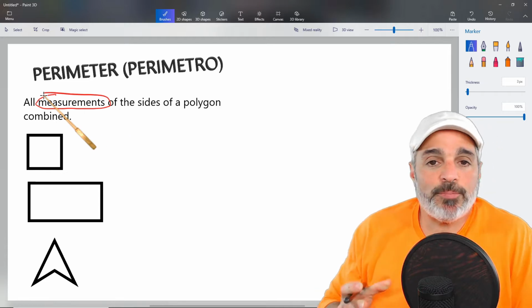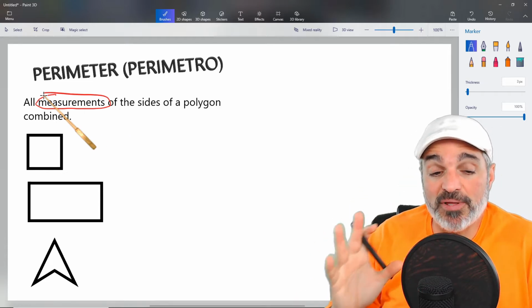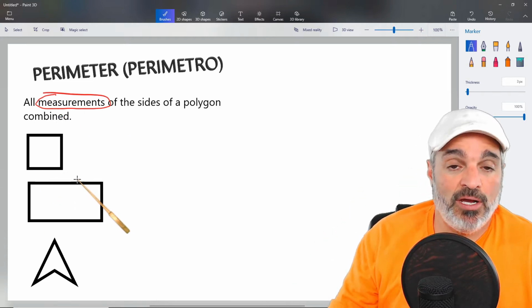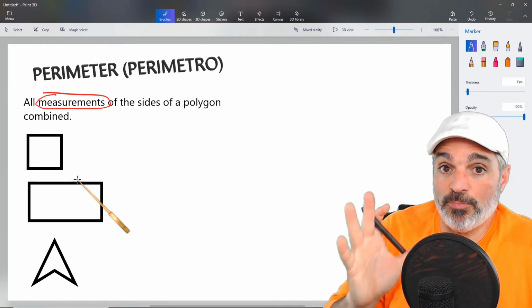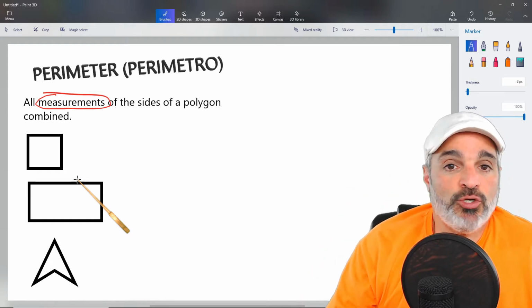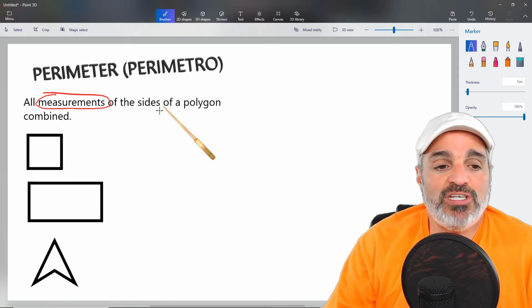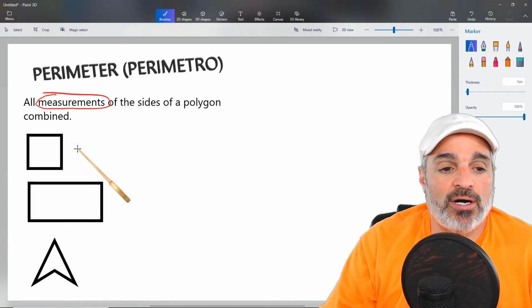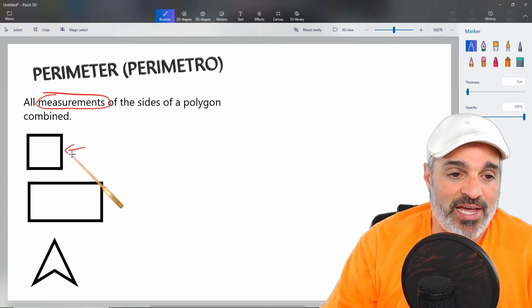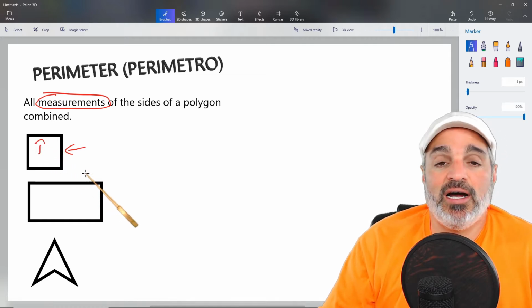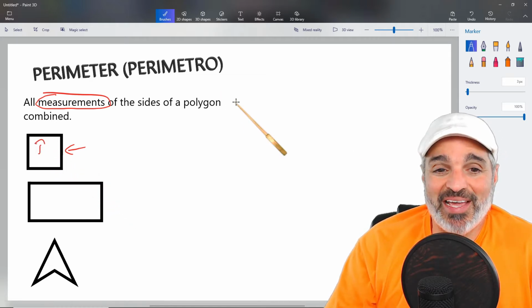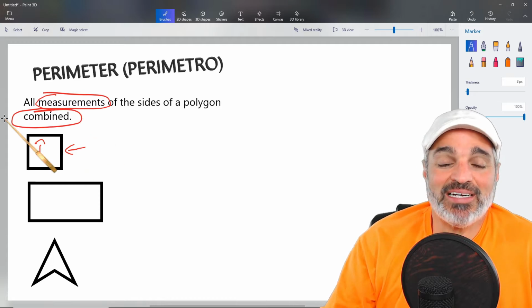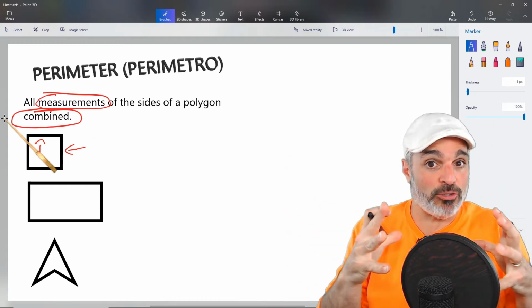So to have the perimeter of a polygon, and remember that a polygon is any geometrical shape with more than 3 sides, you need the measurements. Okay, so you need to know how long this side is, how long this side is, to be able to calculate the perimeter. And then it says combined. Combined means to add them all together.